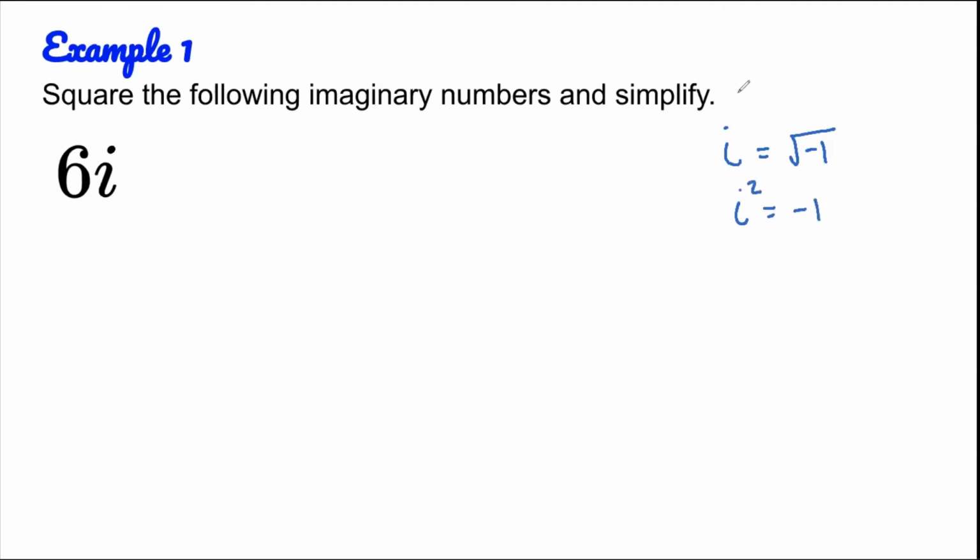Let me square my beautiful number. I can apply that square to both numbers. Therefore, I have 6 to the power of 2, which is 36, and i to the power of 2, we already know is -1. So we have 36 times -1. It's -36.